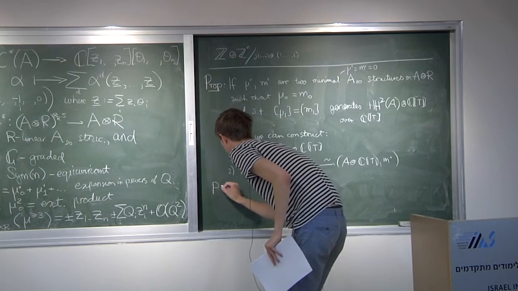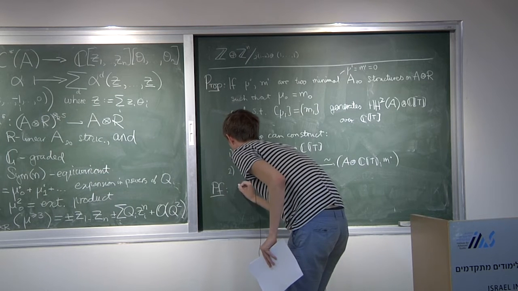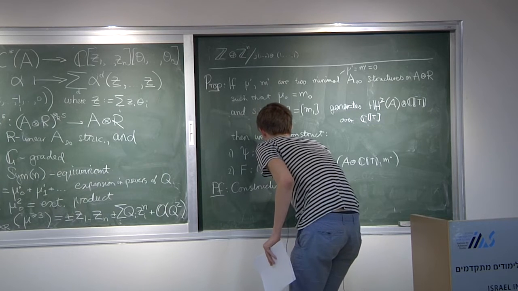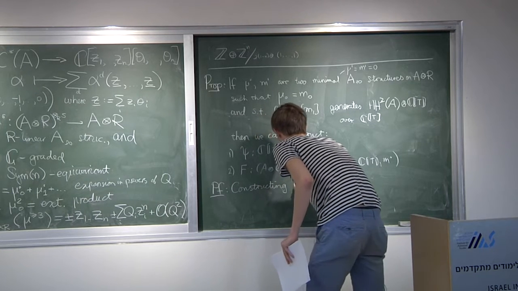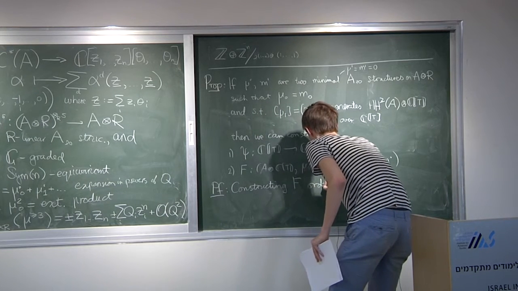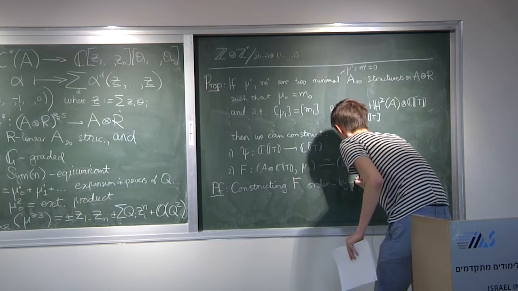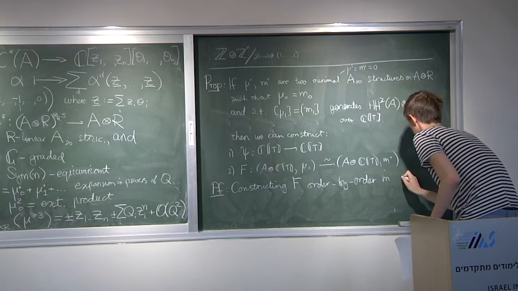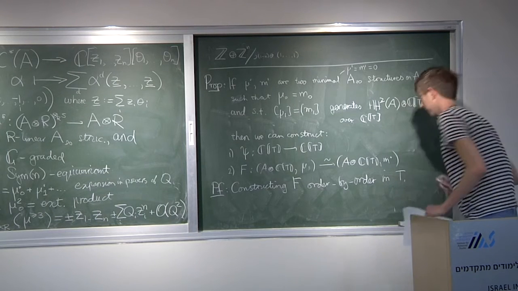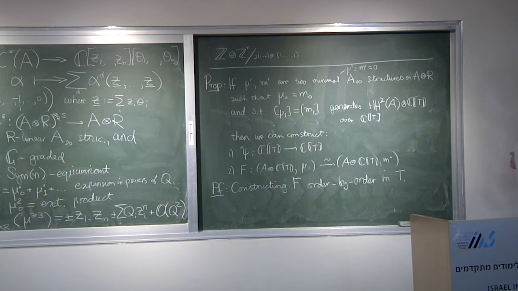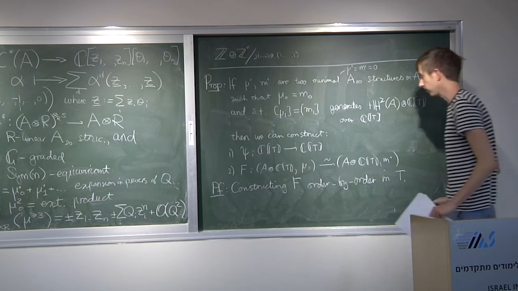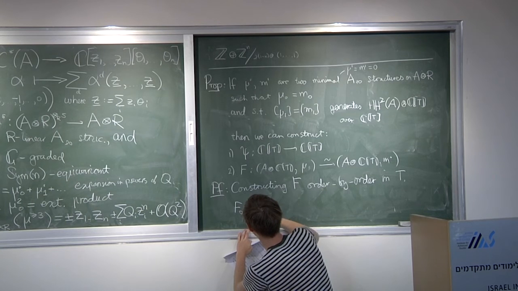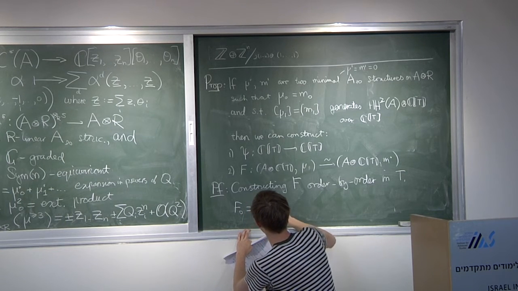And the proof is by constructing this F order by order in T. So we start with F naught equal to the identity.